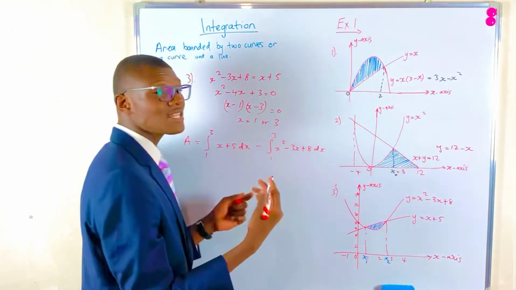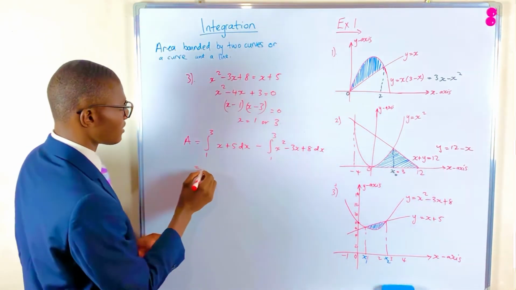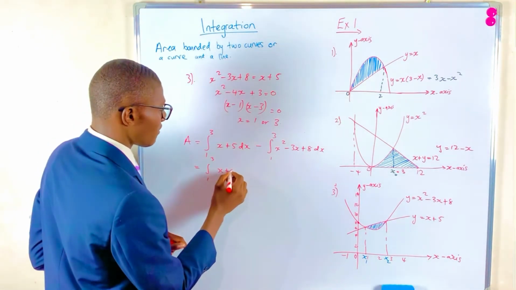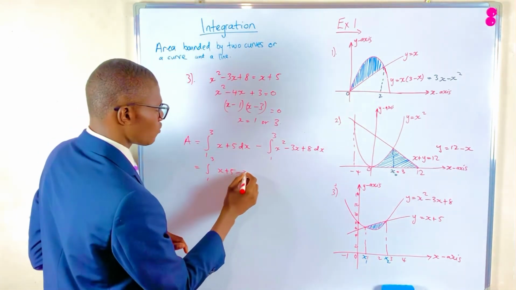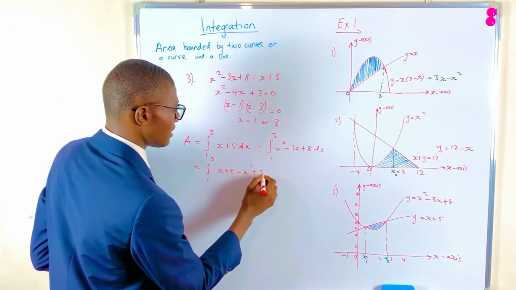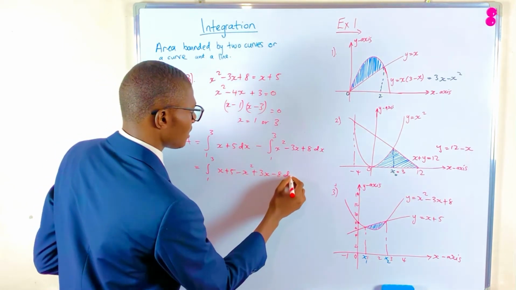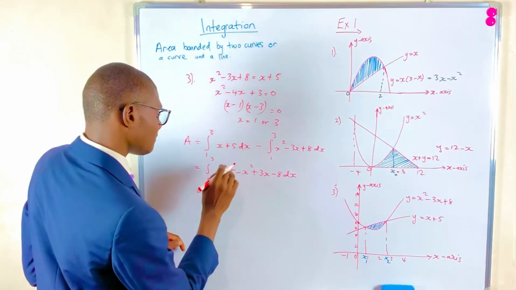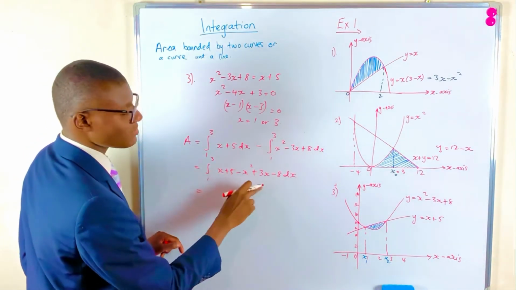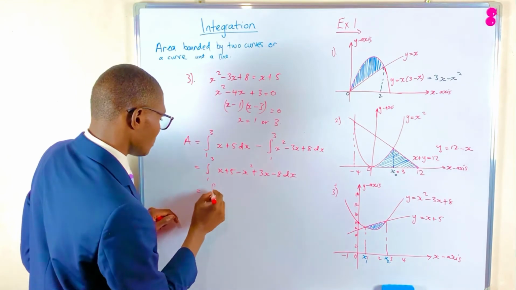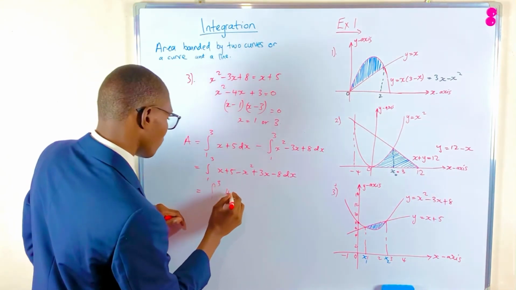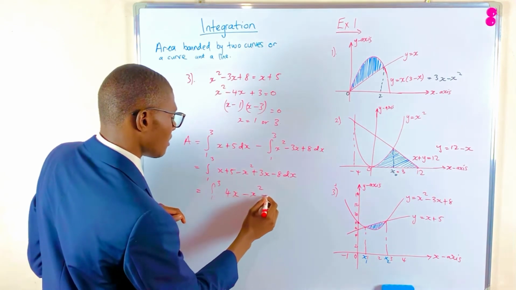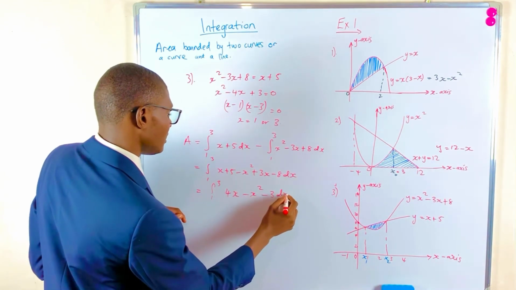And now since the limits are the same, we can combine this to say from 1 to 3 x plus 5 then minus x squared plus 3x minus 8 with respect to x. And now we can say x plus 3x, we get a 4x. So integral from 1 to 3 of 4x minus x squared minus 3 dx.